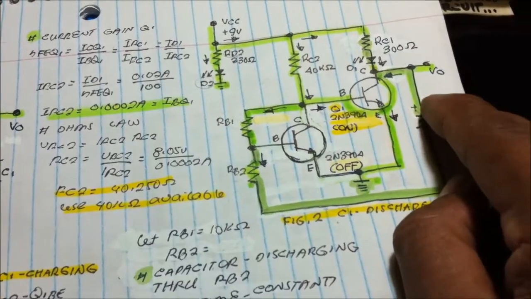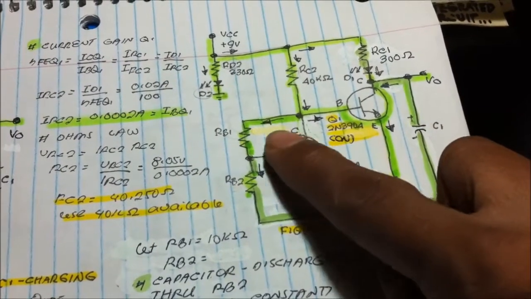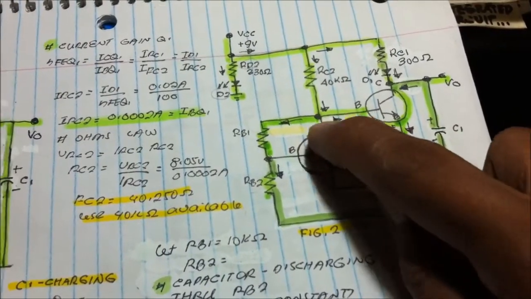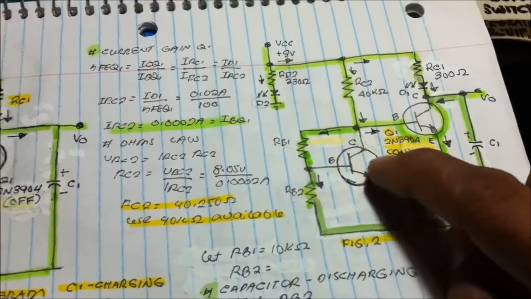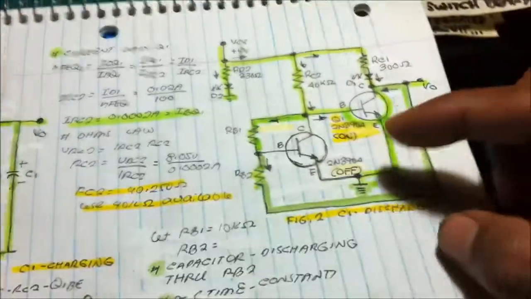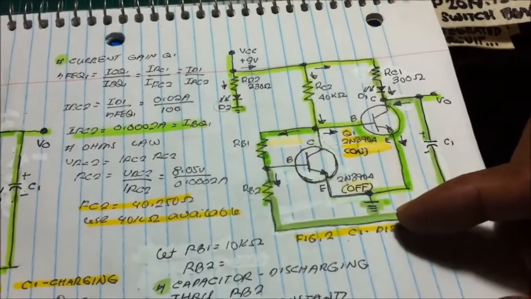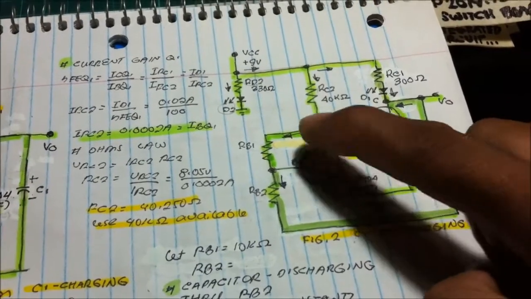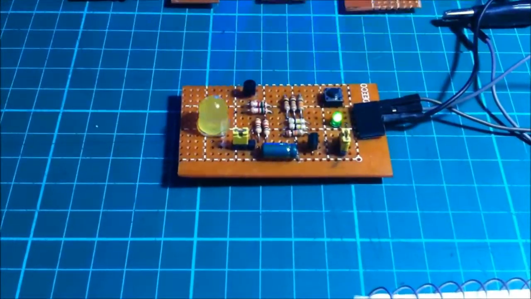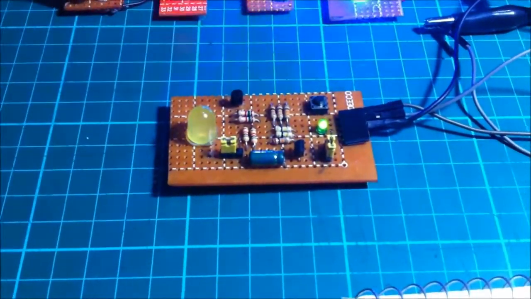If you delete or disconnect this portion and use only a manual switch here, you will have this manual LED switching board. If you connect this portion, transistor, resistor and capacitor, you will have this LED flasher.